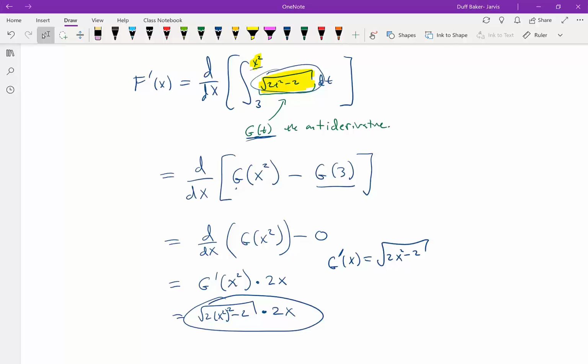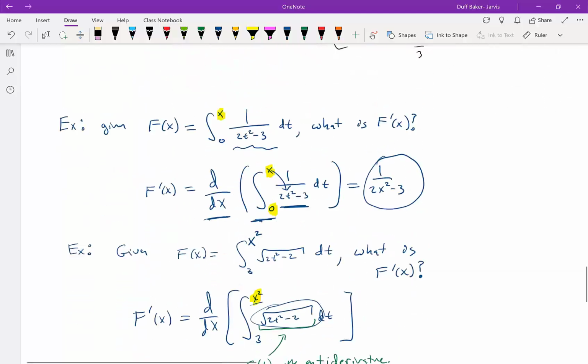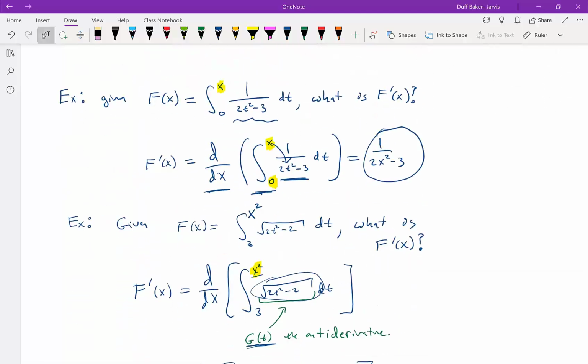Now if we look back at what actually happened here, if we think about the previous problem, the very simplest problem, what did we do? When we took the derivative of an integral and we just had x in the upper bound, then we just plugged that x in, right? And we ended up with the function itself.